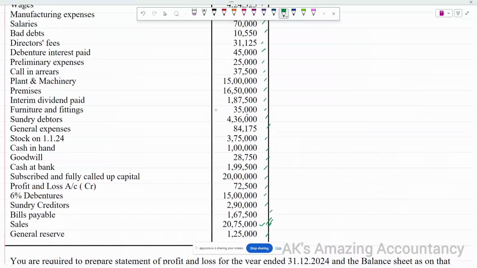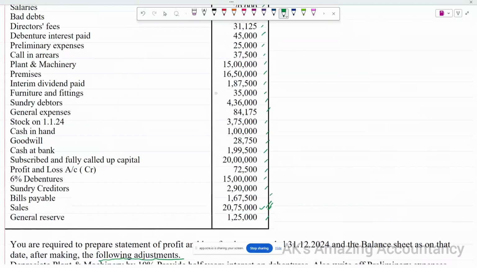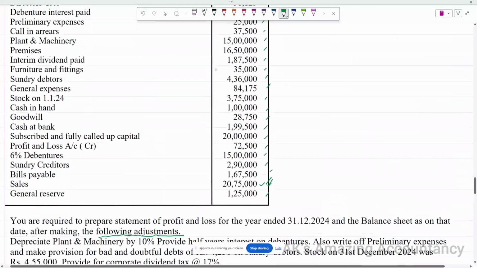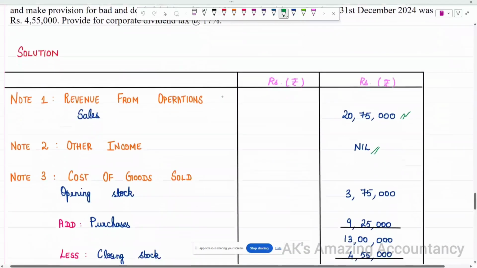The stock which is available to you in the additional information is the closing stock. So in main information, you are given stock on 1/1/24, isn't it? So this stock is the opening stock, and the amount given to you is 3,75,000. So let us enter opening stock 3,75,000.